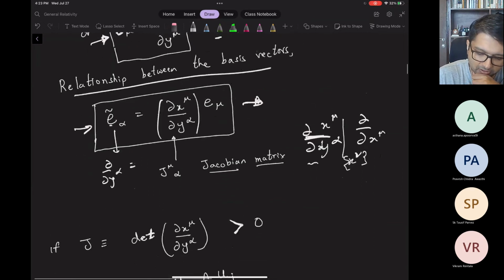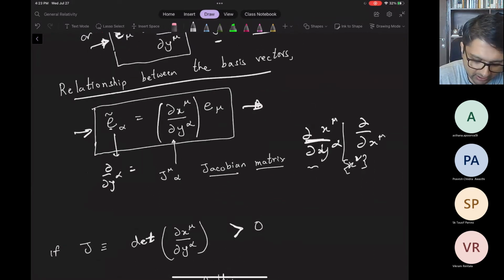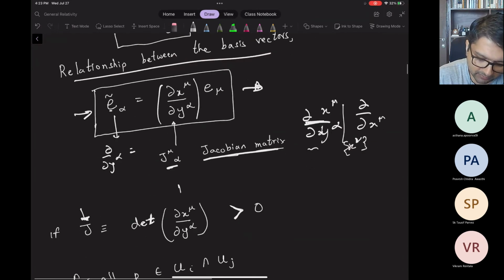So this is straightforward. Now what we can do is define something called the Jacobian, the determinant of this Jacobian matrix. So we define the determinant of partial x mu over partial y alpha.